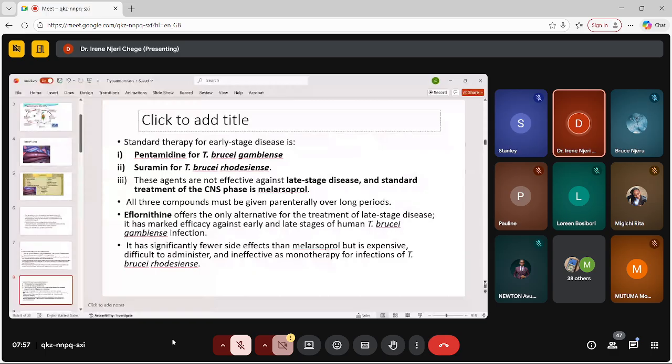Pentamidine. Have you ever covered pentamidine before? Not with me, maybe, but I don't know if you can remember. It can be used for Pneumocystis pneumonia when it is an inhalation.